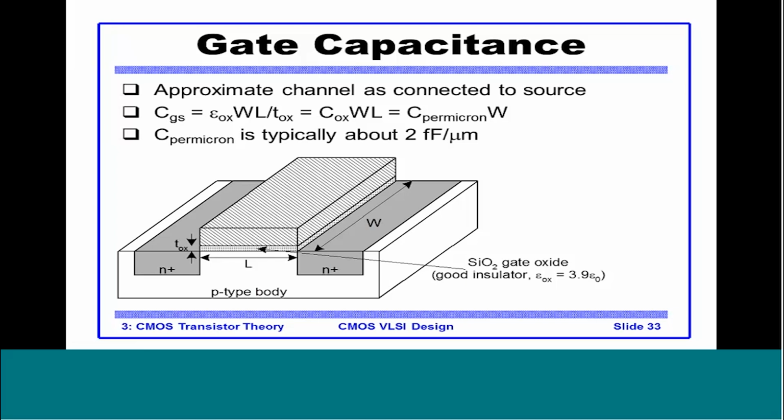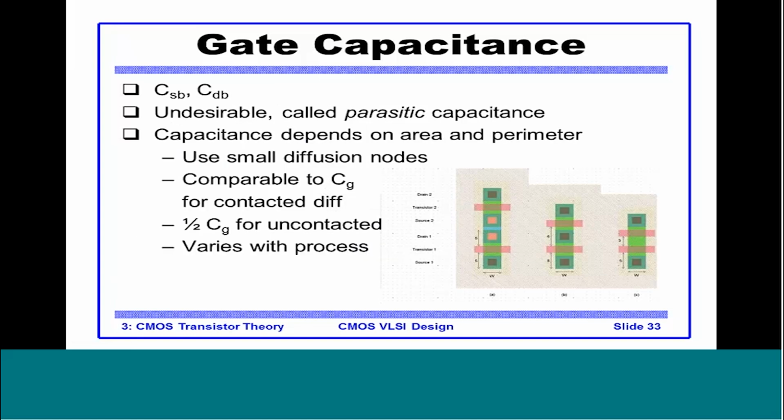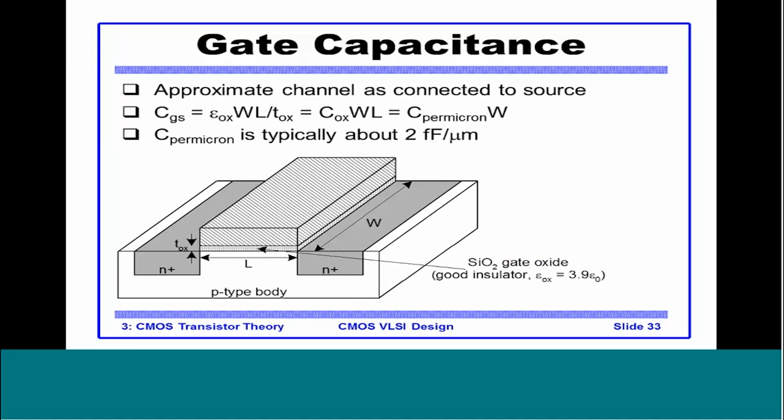The value is typically 2 femtofarad per micrometer. This might not be very true for today's submicron devices, but yeah. So just to reiterate, the gate capacitance is very important, since this is the one that causes the charge to build up in the channel.